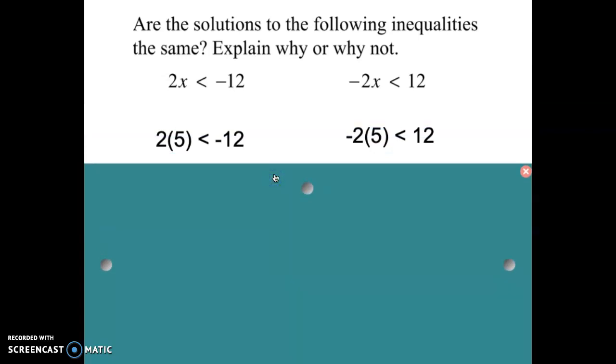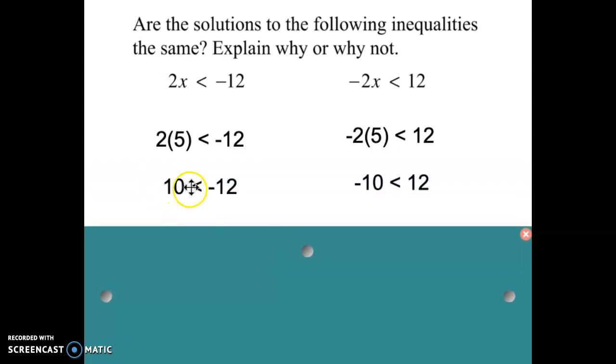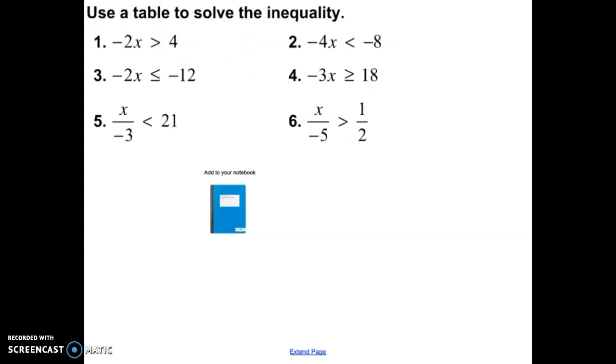So if I put in 5, I'm left with 10 is less than negative 12, which is false. And then negative 10 is less than 12. This one's true, but it's asking, are the solutions to the following inequalities the same? And what they're really trying to get at here is, how does that negative number play into effect here? Because it has a greater effect that we'll look at in a second.